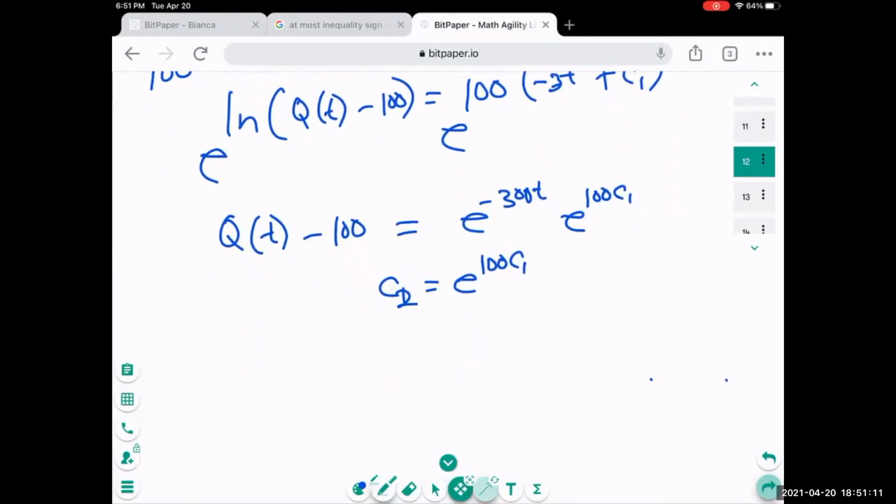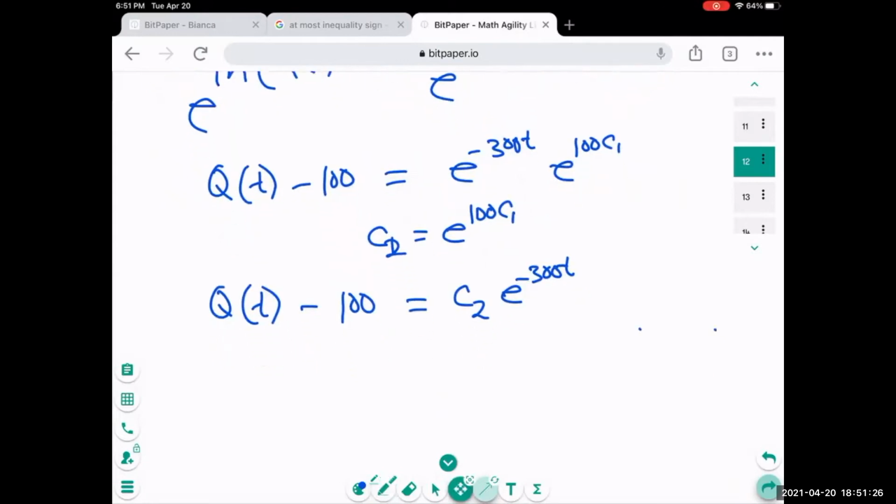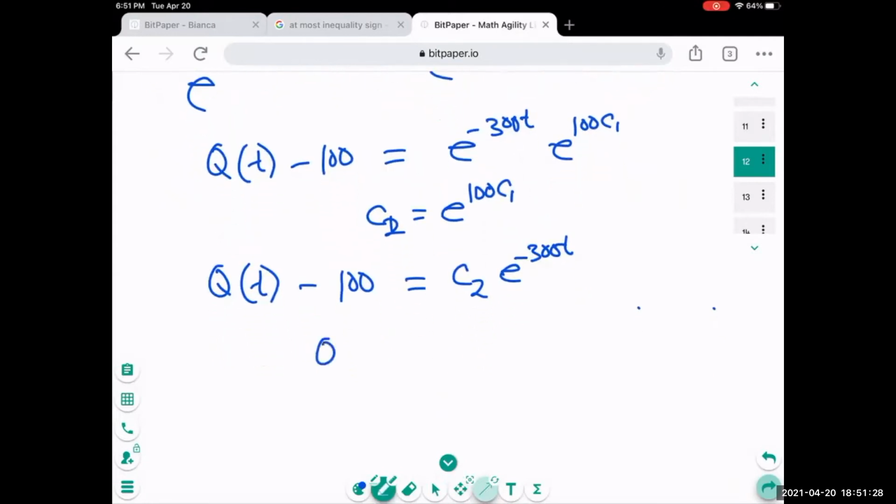Okay, let's rearrange. Q(t) minus 100 equals C sub 2 e to the negative 300t. And then let's transpose 100 to the right-hand side of the equation. So Q(t) would be C sub 2 e to the negative 300t plus 100.